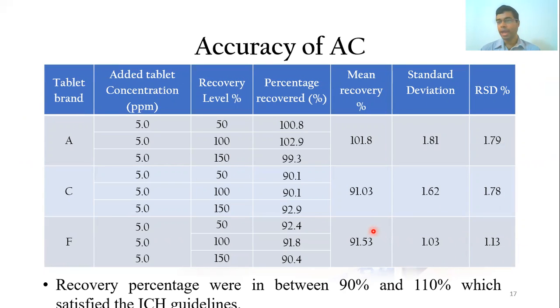Now when we come to the accuracy, it's a very complicated one to do the analysis. What we have done was, for each drug, we prepared different concentrations, right? In this case, we have recovery levels of 50, 100 and 150, and based on that we calculate the mean recovery.